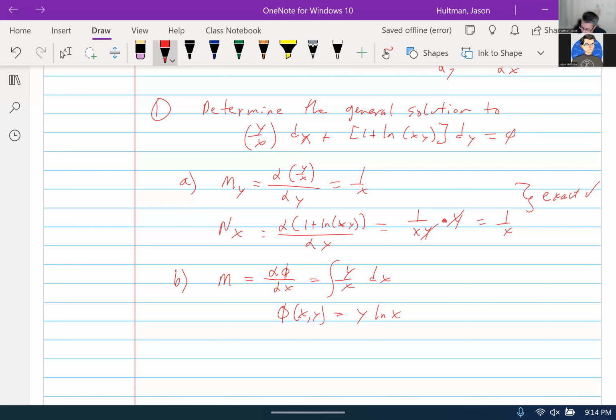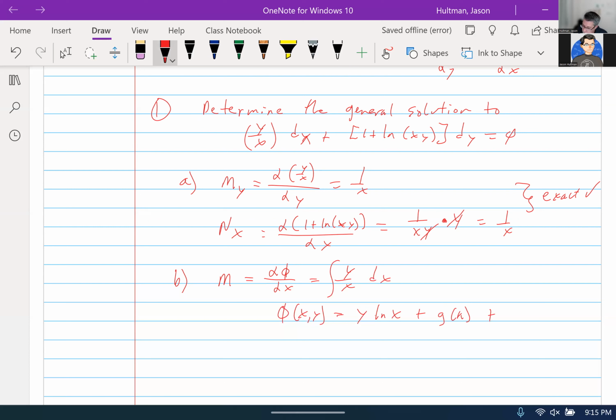So y times the natural log of x, but then I could have some constant, and that constant could be a function of y, because remember, all y's are just constants. So let's call that g of y.